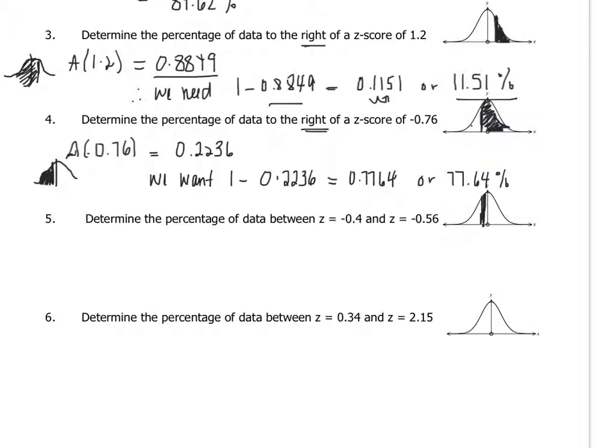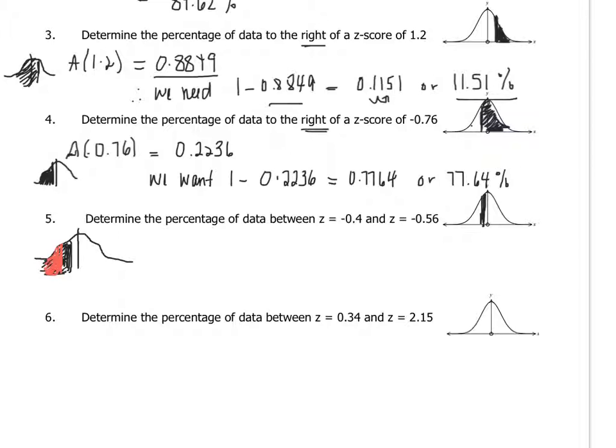So when we look at the z-scores, it gives us data to the left of those two values. So I'm just going to exaggerate over here a little bit. If I draw a curve, and here's my mean, and I take the first one, which was negative 0.4, and I find everything to the left of that from my z-score table, and then I'm just going to use red for a minute, and look up negative 0.56 on the table and get everything to the left of that, I'm going to get this.